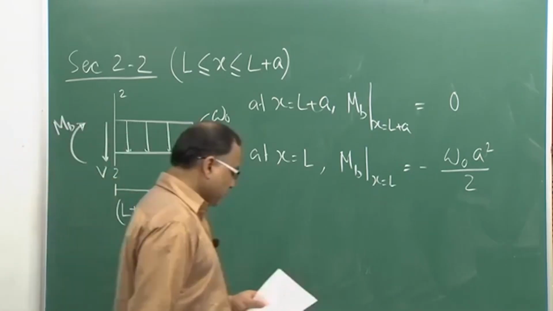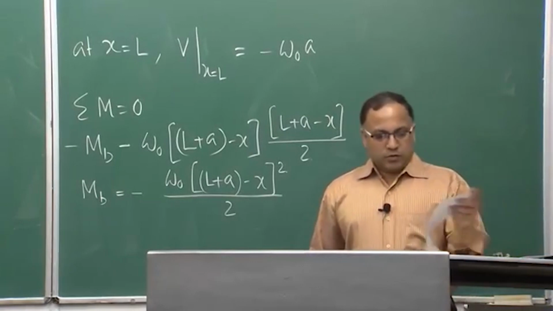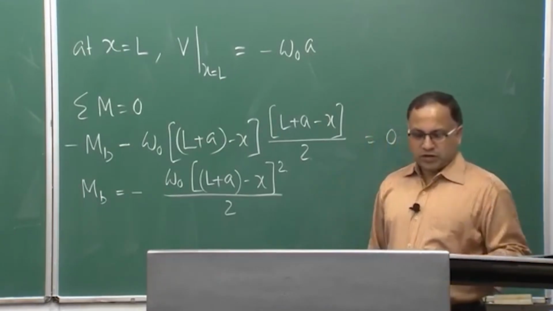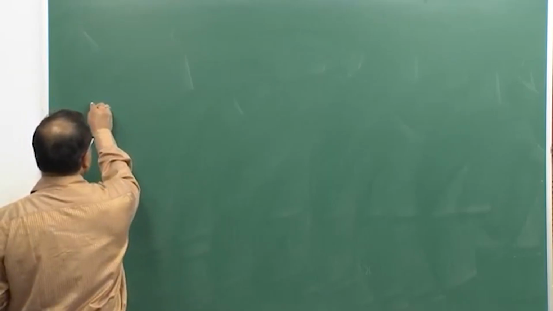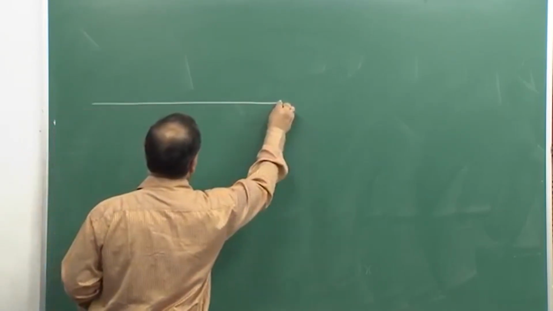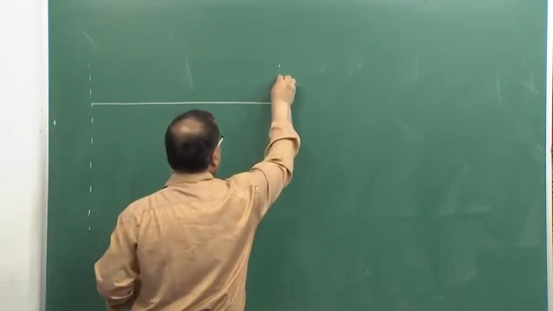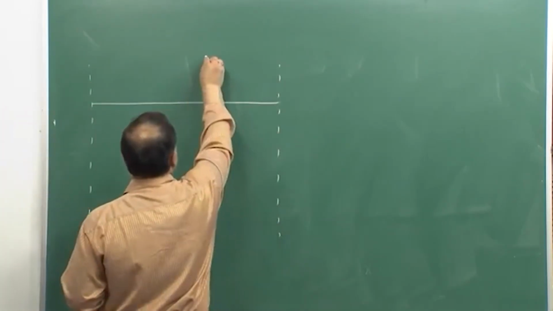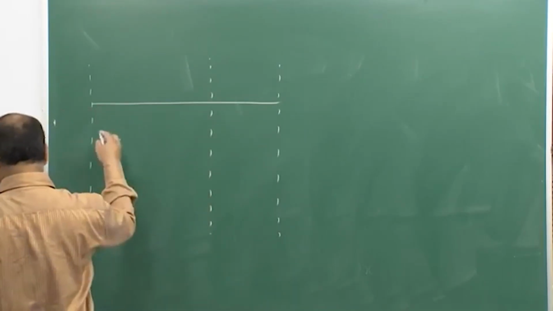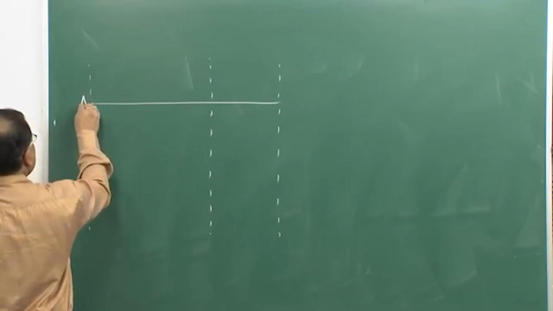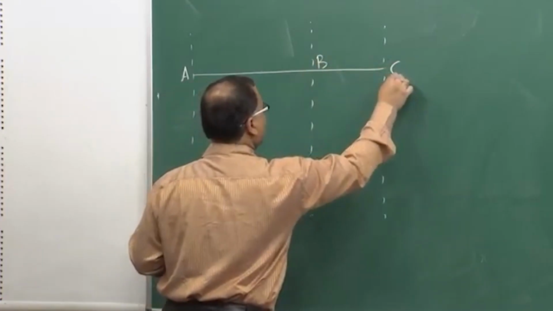Now, let us draw the bending moment and shear force diagram. First we will draw the shear force diagram. This is your baseline, this is A point, this is B point and this is C point.